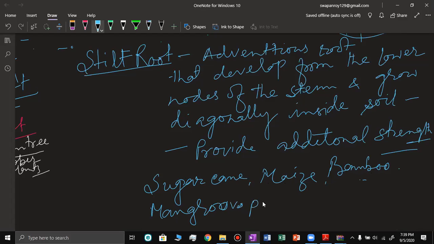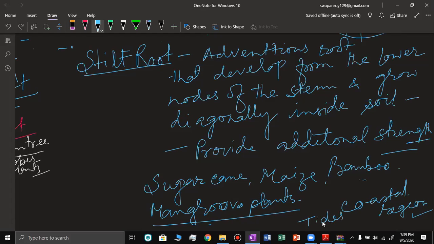Mangrove plants are those which grow in the coastal region where usually the tides are there and the soil is very loose, and there the plant requires additional support.